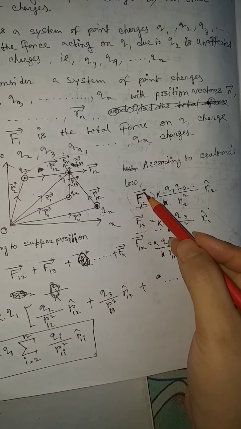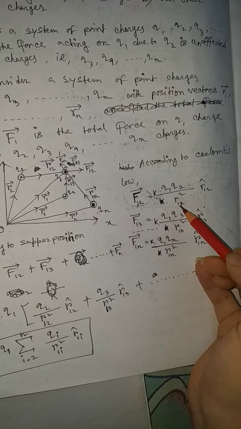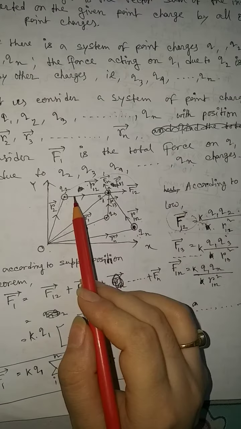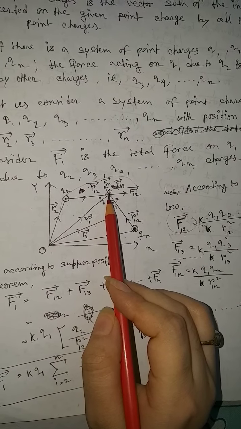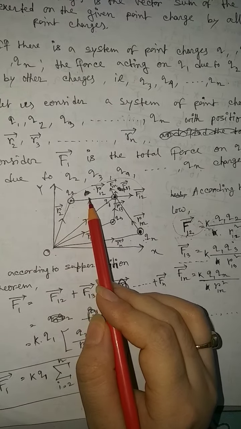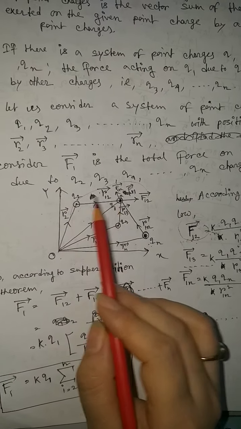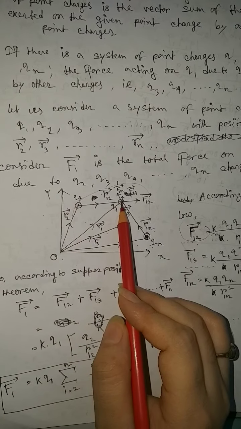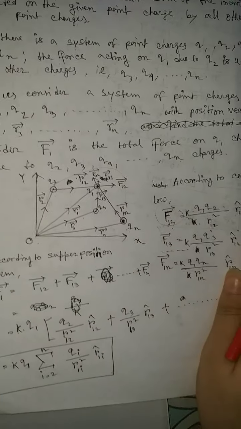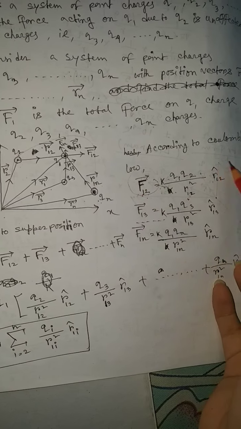So F12 vector equals K into Q1 into Q2 by R12 square into R12 cap. R12 represents the position vector of Q1 charge with respect to Q2 charge, and the direction of R12 is always from Q2 charge to Q1 charge, always from the reference point to the charge whose position vector we want to find. This is the form of F12.